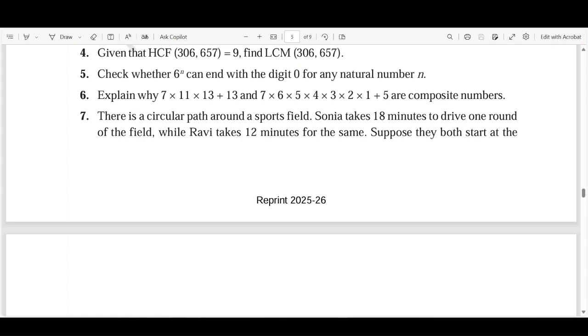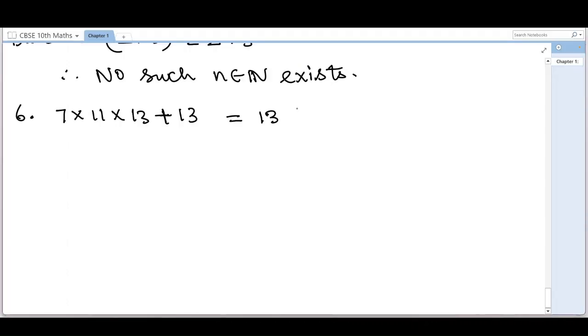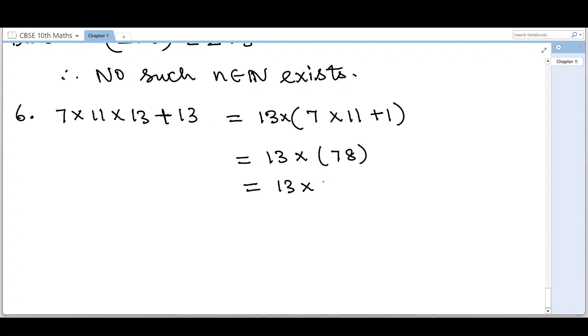So first I am writing the first number. 13 is a common factor. So this can be rewritten as 13 into 7 into 11 plus 1, right? So 13 into 78. We can either stop here, or if we want to express 78 as a product of primes, we can represent them.